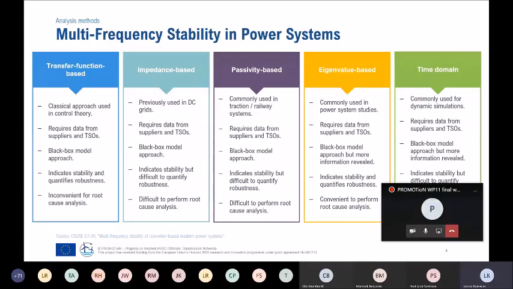So maybe just jumping directly in: which of the multi-frequency stability analysis methods in modern power electronic based power systems are taken into consideration?